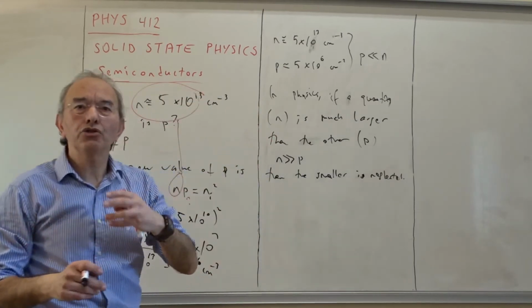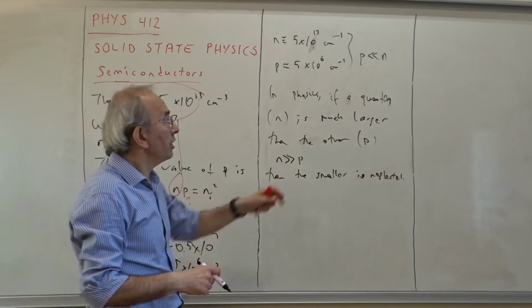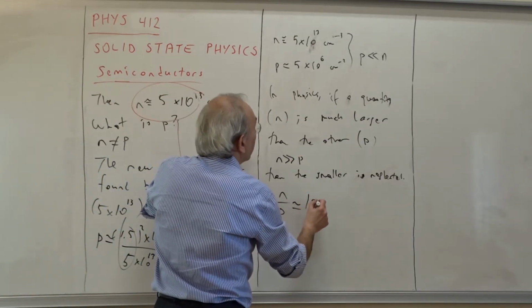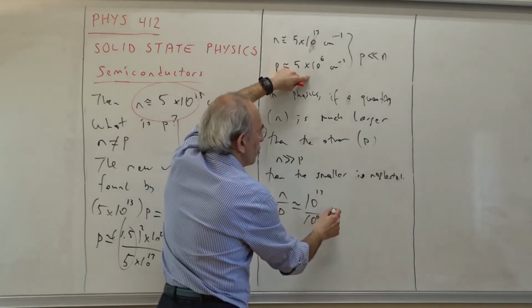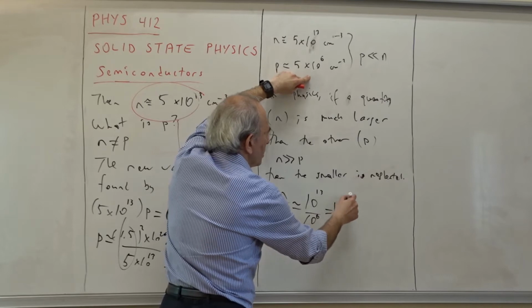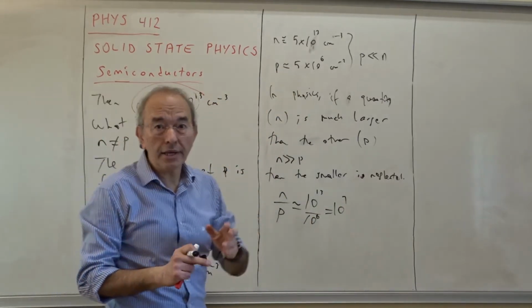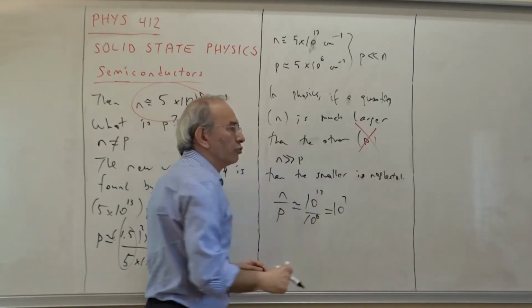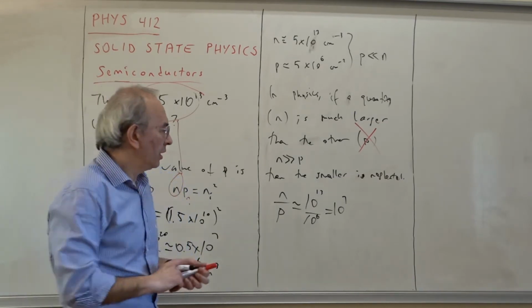Even by a ratio of 1 to 100, 1 to 1000, you can neglect. What is the ratio here? 10 to the 7. N over P is approximately 10 to the 13 by 10 to the 6. So the ratio is 10 to the 7, 10 million. If N is 10 million times P, then of course we simply drop the smaller one and don't add it in the calculation.